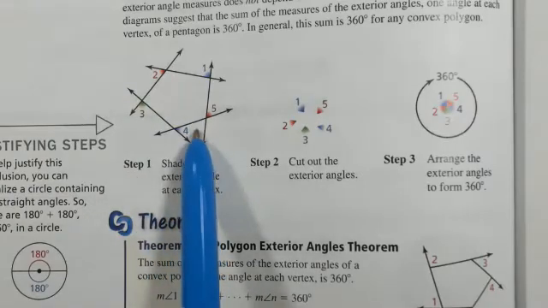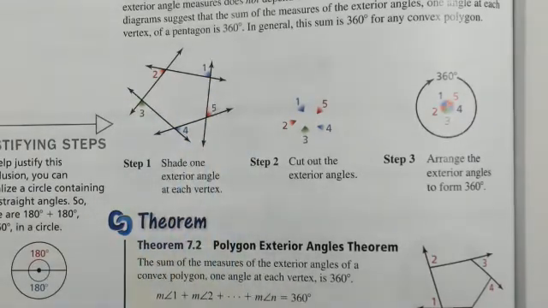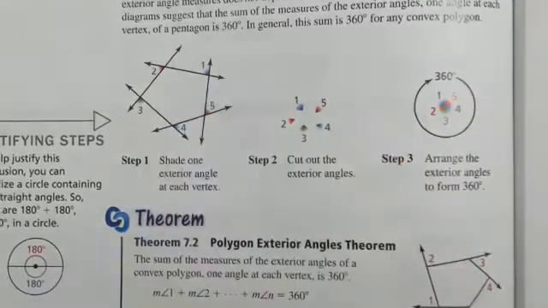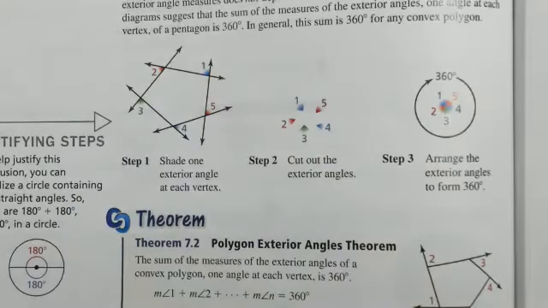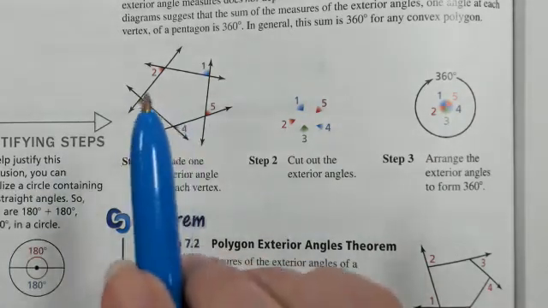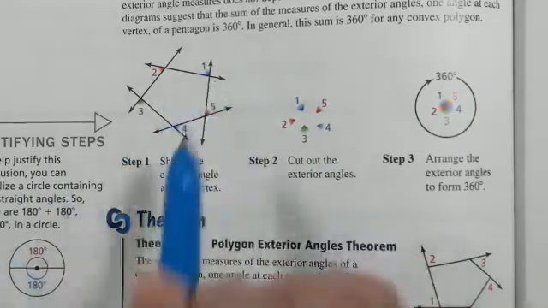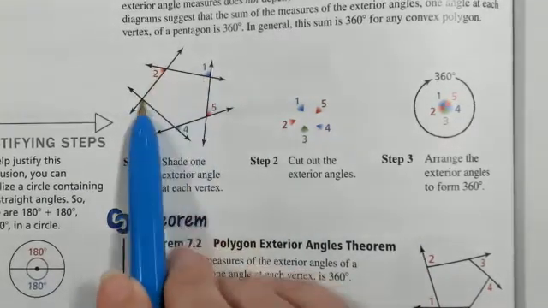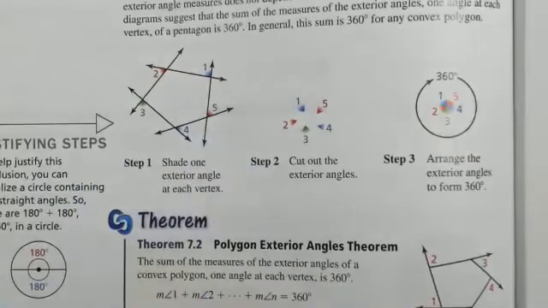We would have 3, 1, 2, 3 per vertex. So we're never going to use the vertical angles when looking at exterior angles because those are going to be the same as the inside measure. So you either need to pick the one to the right or the one to the left. In this example, they've shown the angle to the left all the way around. So it just has to be consistent to get your exterior angles.